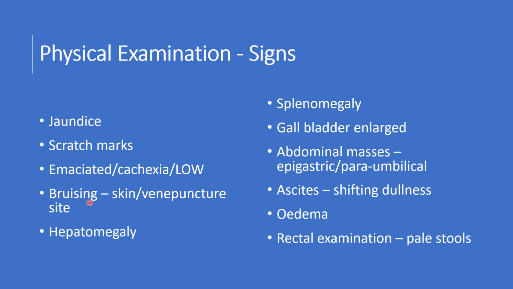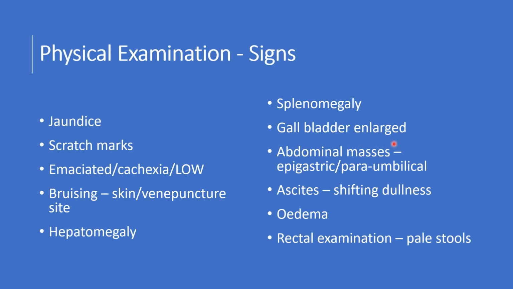They can have bruising, especially over the skin and venipuncture sites, due to lack of vitamin K and coagulation disturbances. Hepatomegaly is another common sign, a manifestation of obstructive jaundice, especially in tumors. Splenomegaly may accompany it when there is increased portal pressure due to liver involvement.